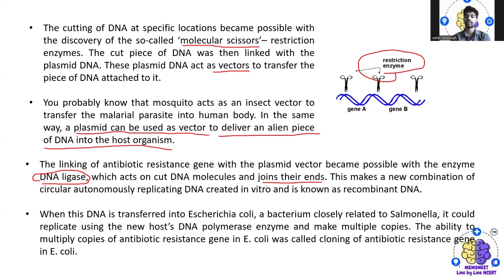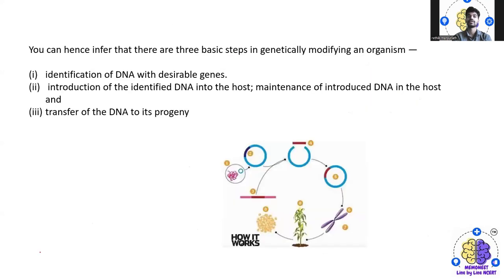The ability to multiply copies of the antibiotic resistance gene in E. coli was called cloning of the antibiotic resistance gene in E. coli.